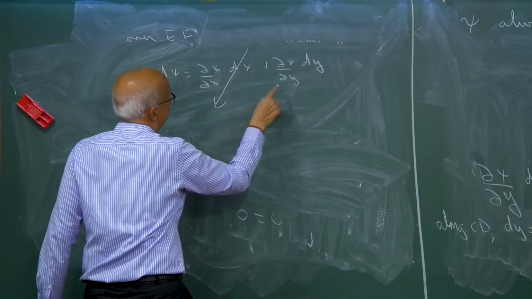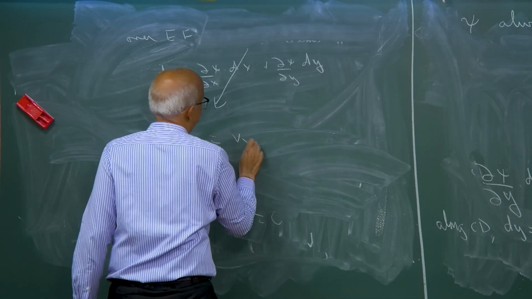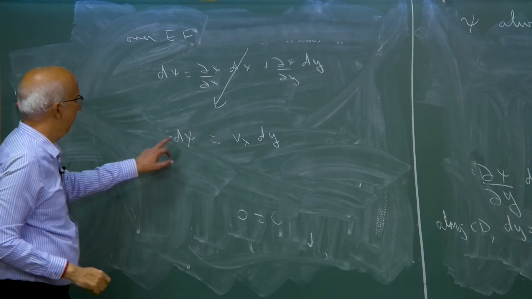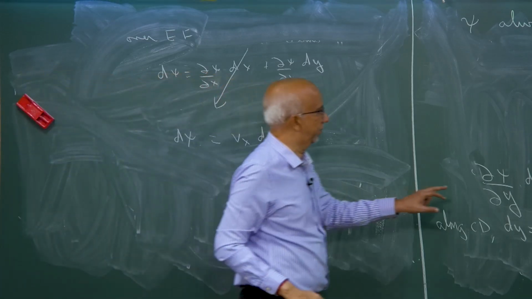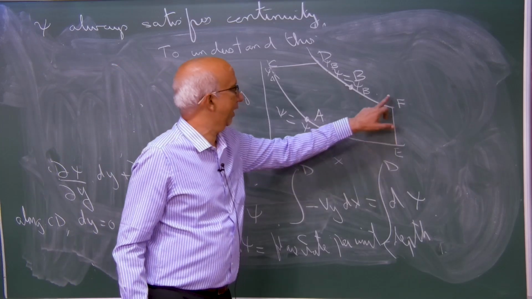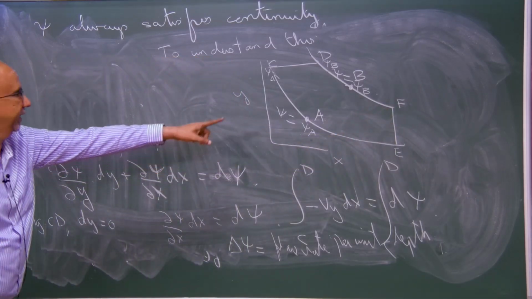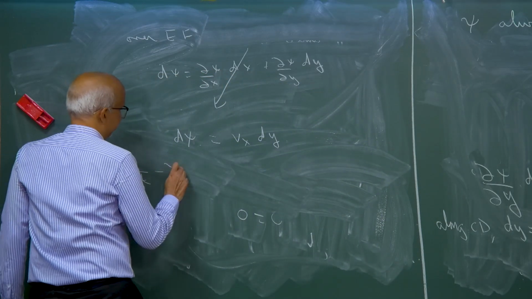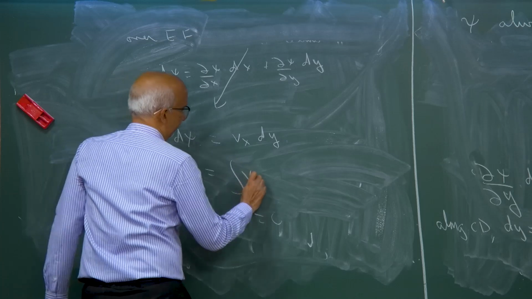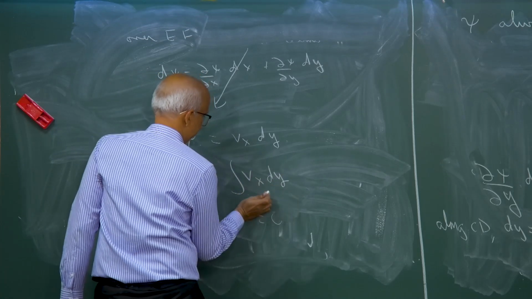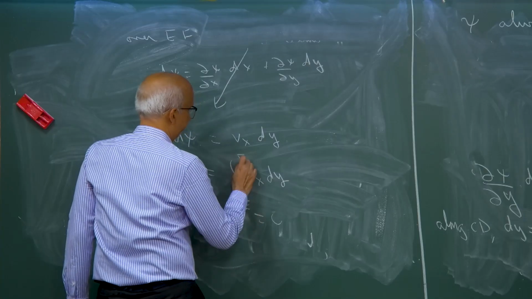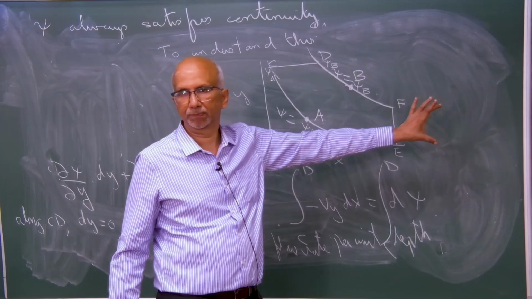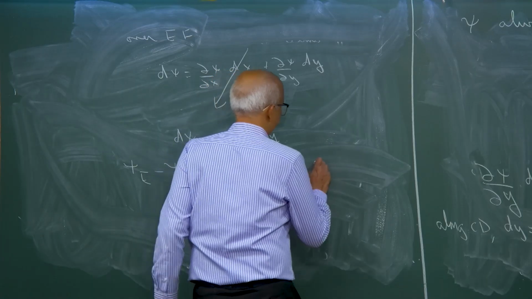And what I have is dψ/dy is Vx, dy is equal to dψ, integrated as y goes from E to F, ψ will go from ψE to ψF. So, ψE minus ψF equals integral Vx dy from E to F, and this again is the flow rate through this. Okay. Again the flow rate.